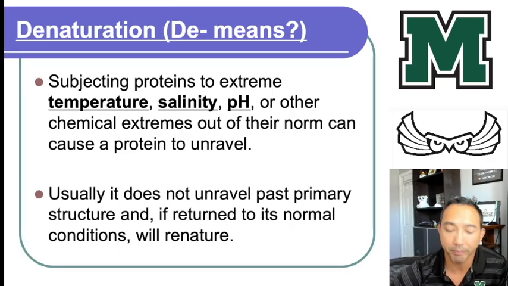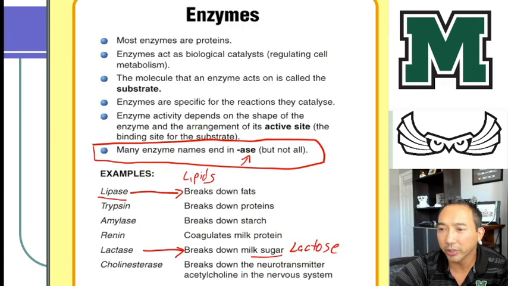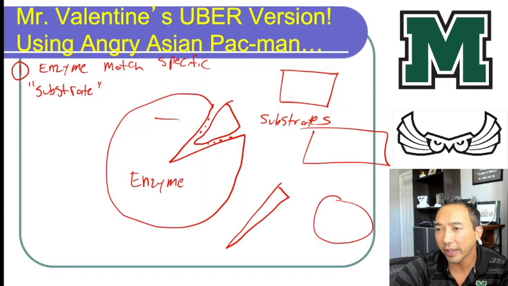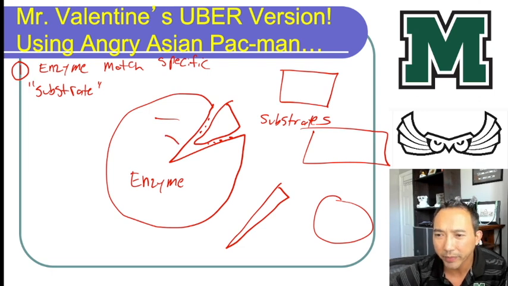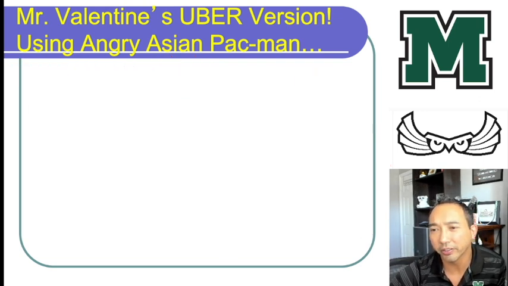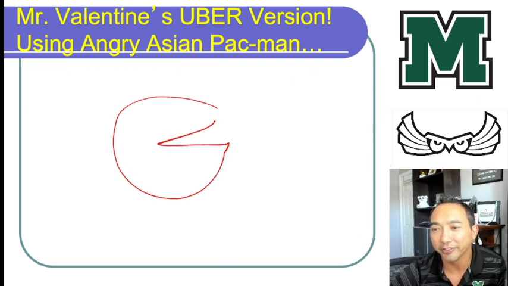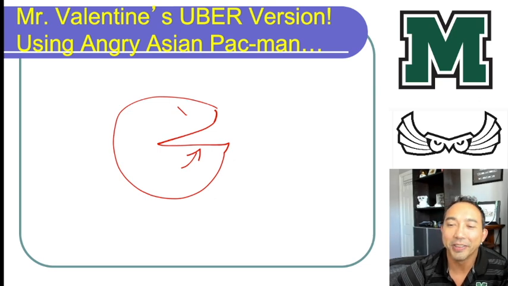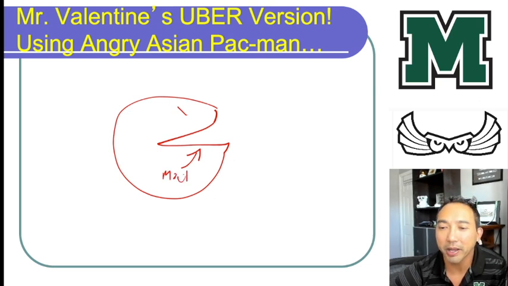Okay. All right. Now, what is also important is when I drew my little Pac-Man here, this mouth itself is what allows the substrate to come in. So let me redraw it because it's easy to draw what I just did, right? So we have this part here. Oh, that looks actually prettier. All right. The mouth of the enzyme actually has a specific name.